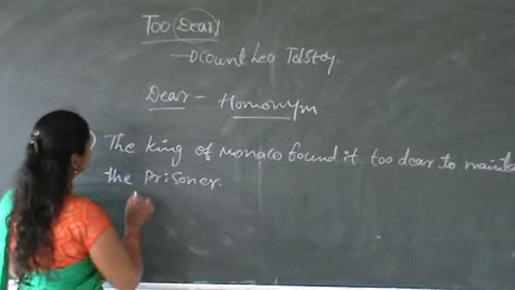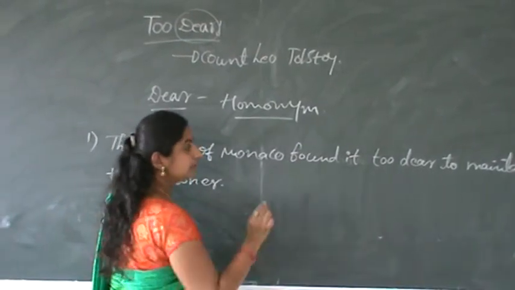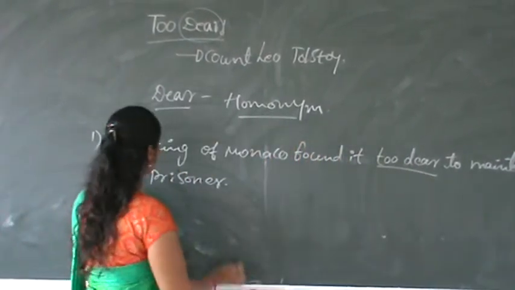See the first sentence, the king of Monaco found it too dear to maintain the prisoner.